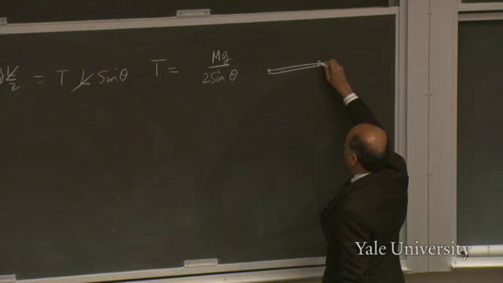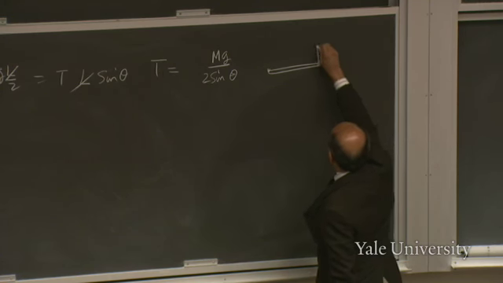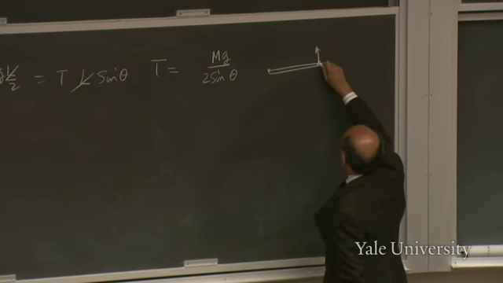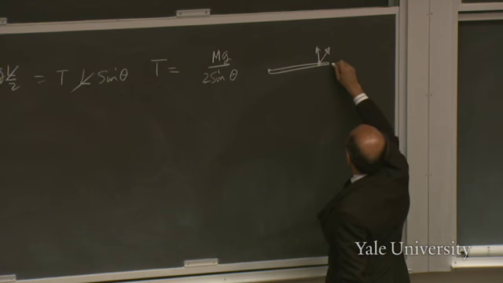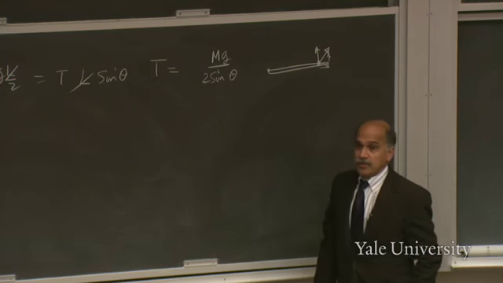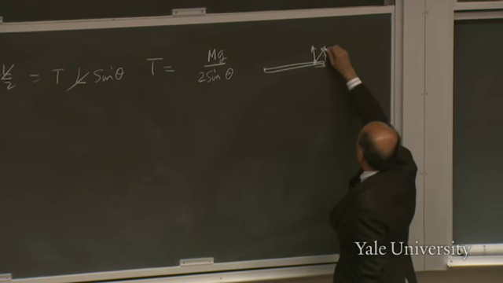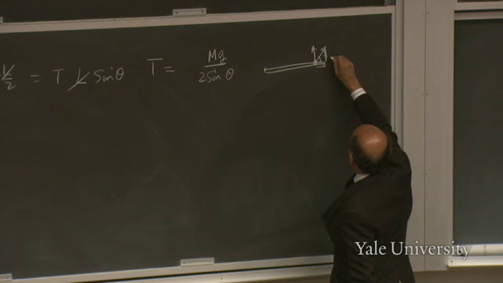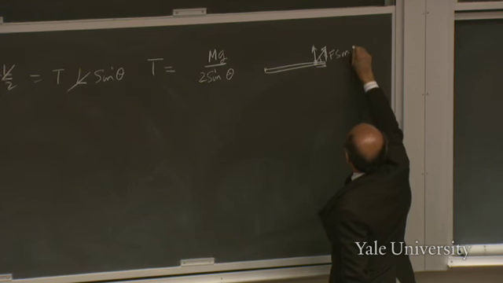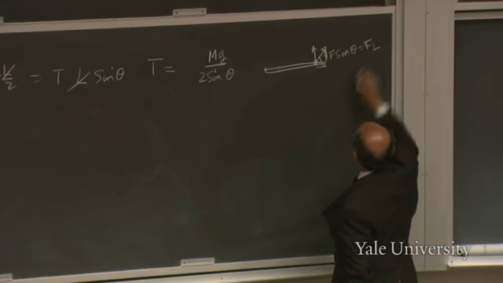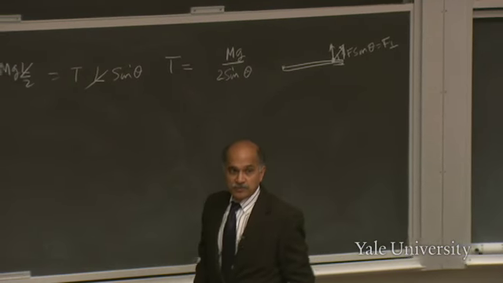The best way to apply a force of a given magnitude is perpendicular to it. But if for some reason you can only apply it at some angle, then this part of the force is good for rotation and that part is not. The sine theta projects out this part. If that angle is theta, then F sine theta is really the perpendicular part of F. So that's how the torque was defined.